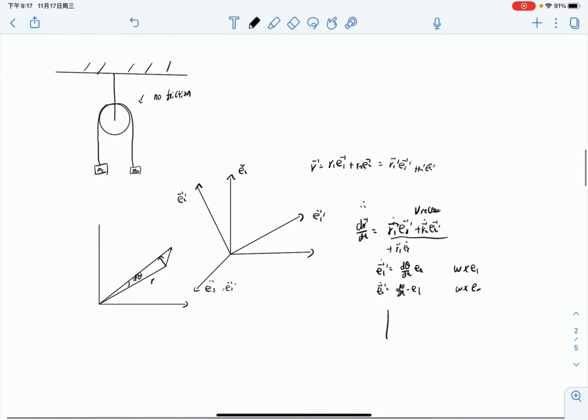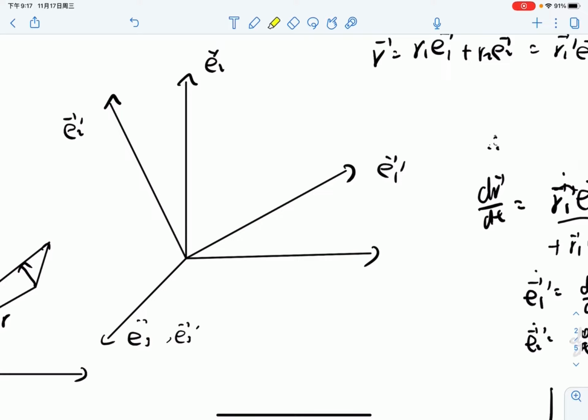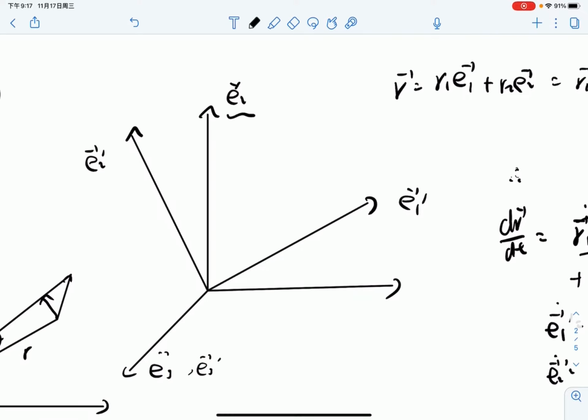Moving on, we're going to take a look at the rotating frame of reference. We have our original frame of reference, which is S, and that stands for the ground.